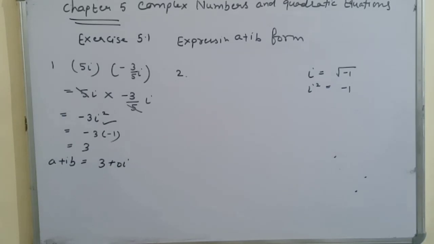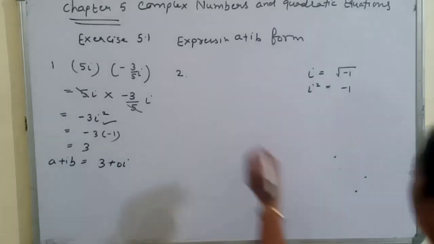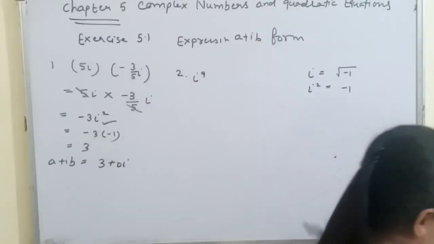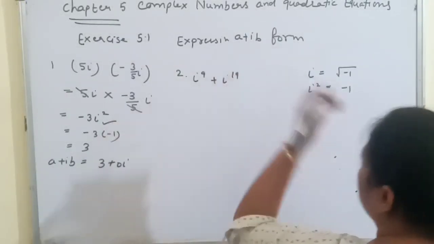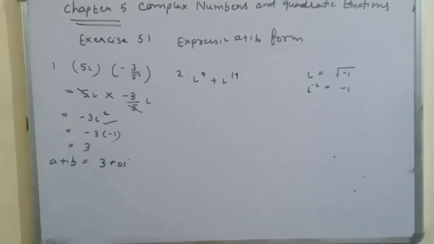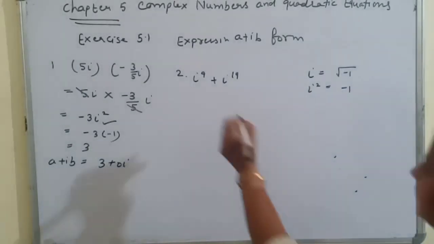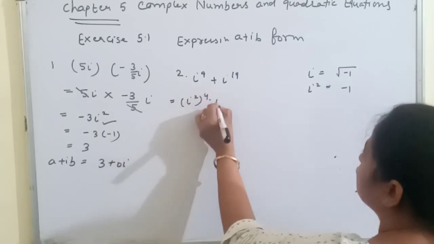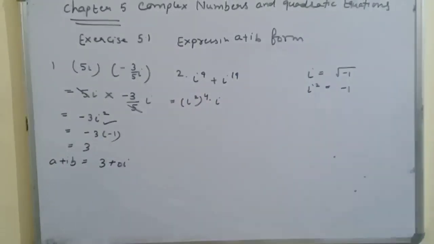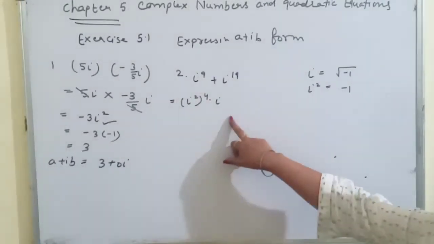In the second question, iota has power 9 and iota has power 19. We have to solve it. Iota 9, we can write as iota square power 4 into iota, that is iota 8 into iota.